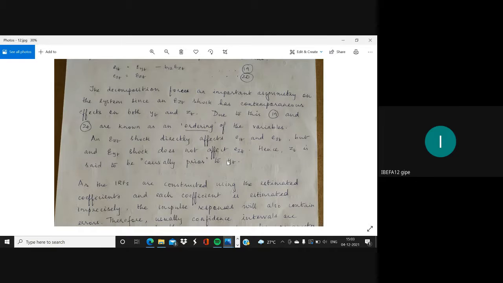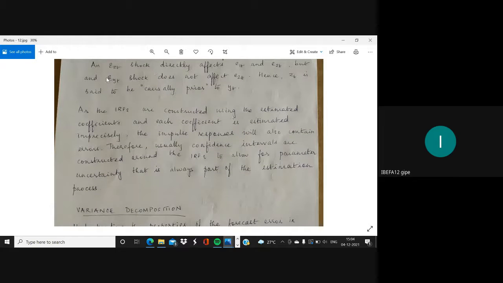So yt will be an endogenous variable, but zt becomes an exogenous variable since it's only affected by its lags. Because of this, zt is said to be causally prior to yt, and once you know zt, it will be easy for you to determine the value of yt.